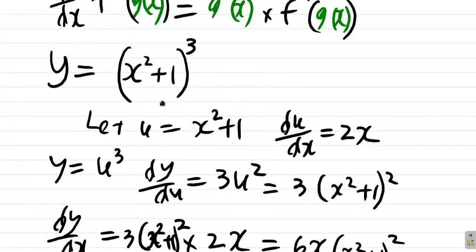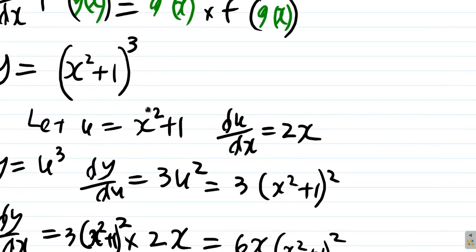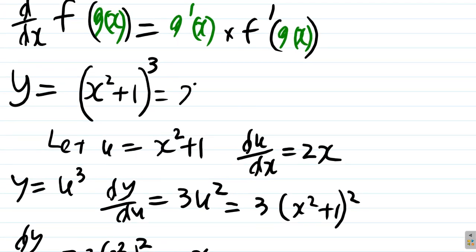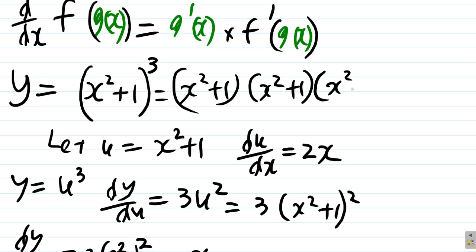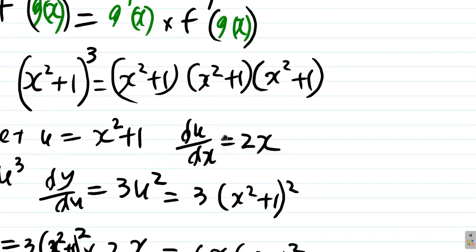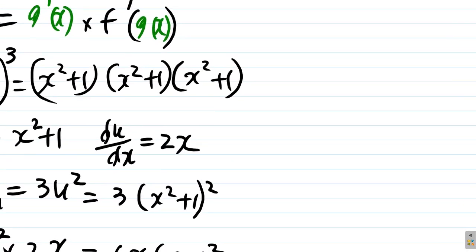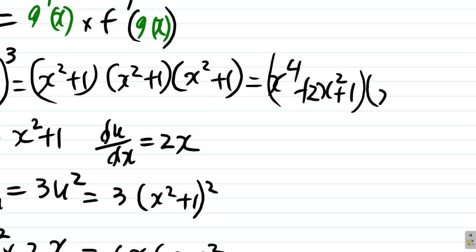Now, suppose we consider multiplying out the x squared plus 1 cube and then differentiating it. This would be x squared plus 1 times x squared plus 1 times x squared plus 1. Alright? So here, x squared times x squared gives us x to the 4th, plus x squared times 1, which is x squared, plus another x squared gives us 2x squared, plus 1 times 1 gives us 1. And we multiply by x squared plus 1, right?